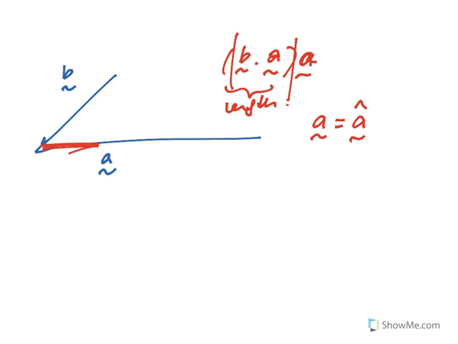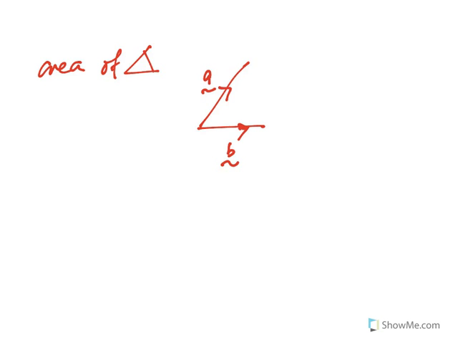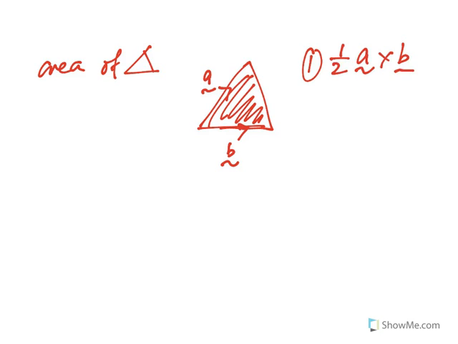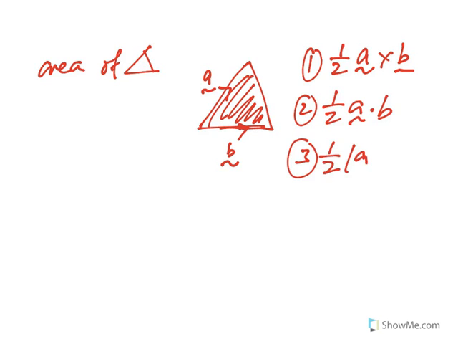Since I've tested you and I realized you don't know, let me just recap. Area of triangle: if you have two vectors A and B, what is the area of this triangle? Jia Xuan, what's the area of this triangle? Option 1, half A, option 2, option 3, option 4.